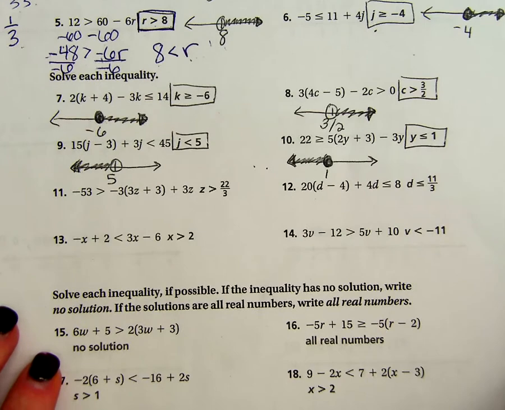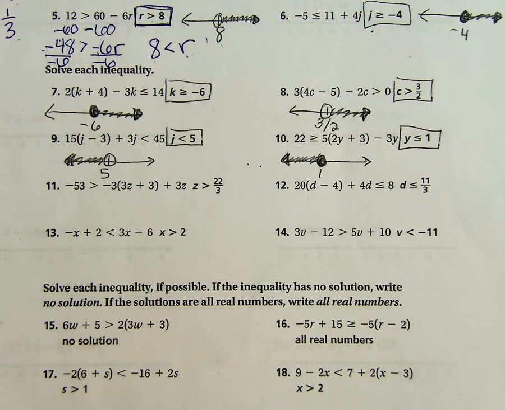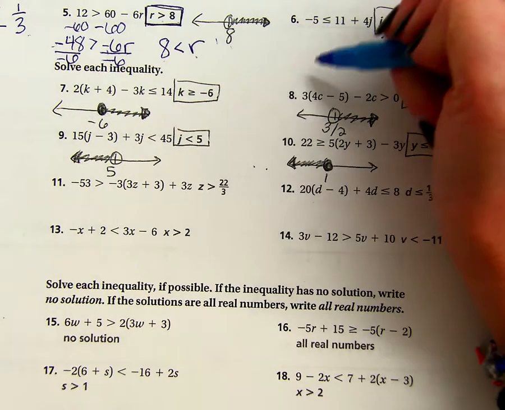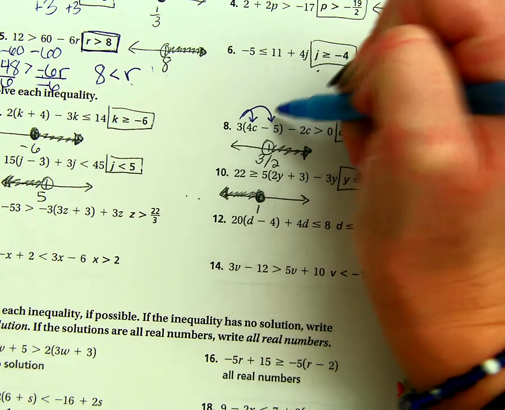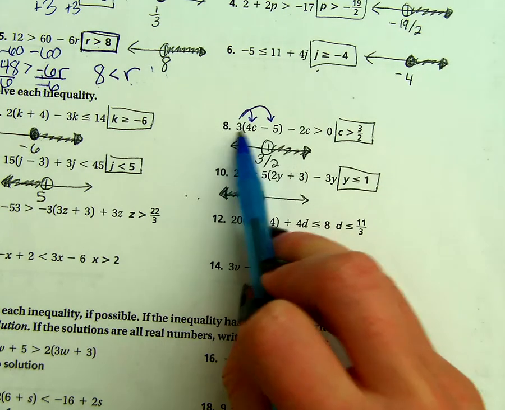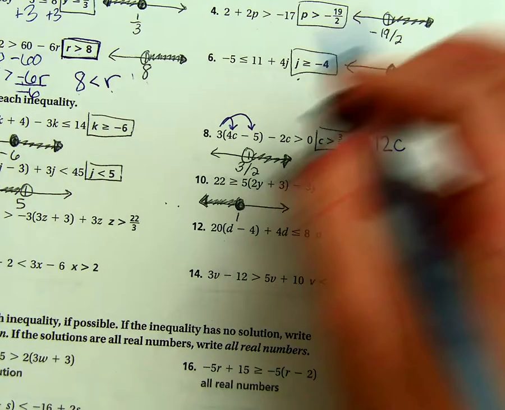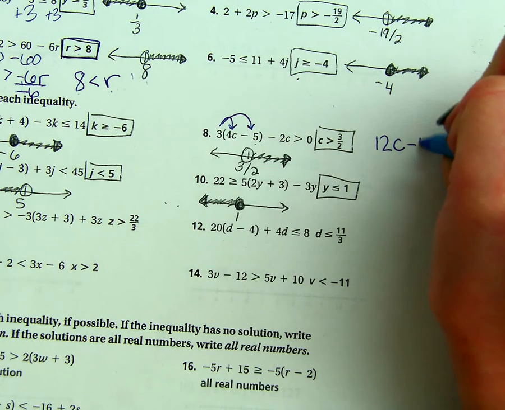Now for 7 on, I know that these were a little bit more difficult, so I'm going to give you a couple problems just showing you the work. For number 8, you need to distribute the 3 to everything inside the parentheses. 3 times 4c will give you 12c. 3 times negative 5 will be negative 15.